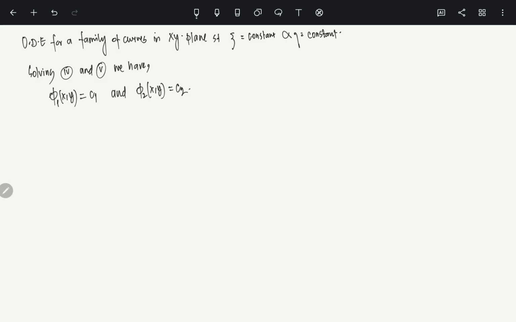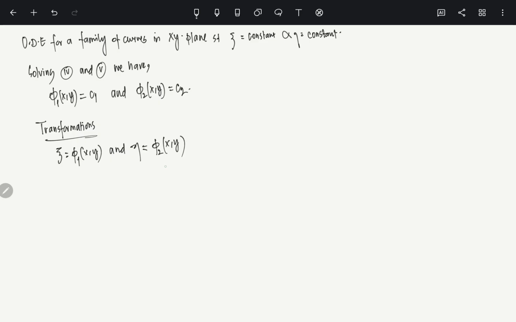Now, if you remember our original goal, we have to find two changes of variable. So what are the transformations? The transformations we are going to choose are given by xi equals phi1 of x comma y, and eta equals phi2 of x comma y.